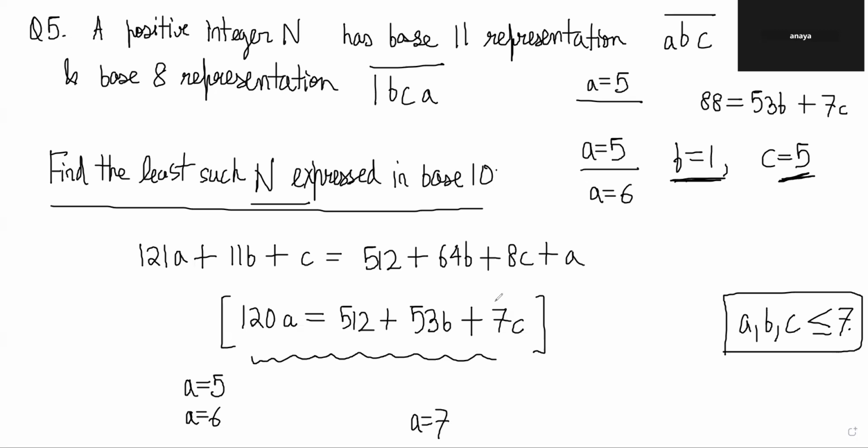So you plug in A is 5 to 121A, B is 1 to 11B, and C is 5 to C to get your n. And if A is 6, it'll be something even greater, so we can't use that one. The smaller number will be 515 or 621?